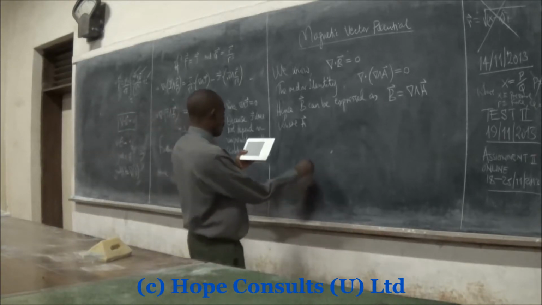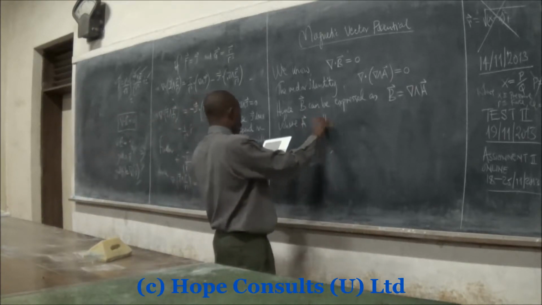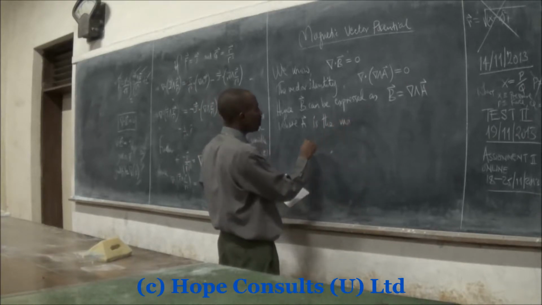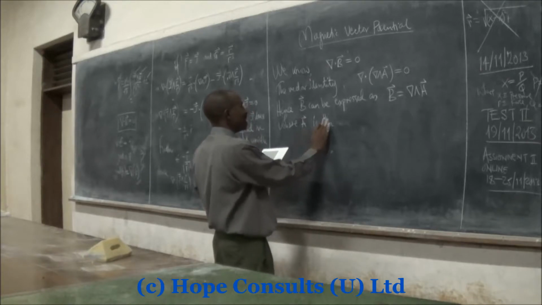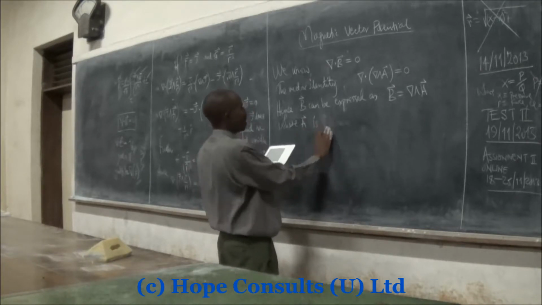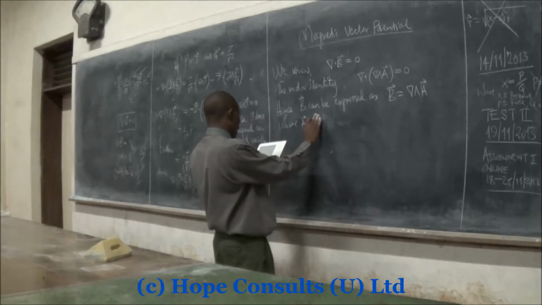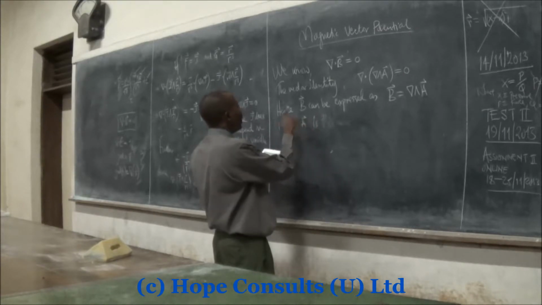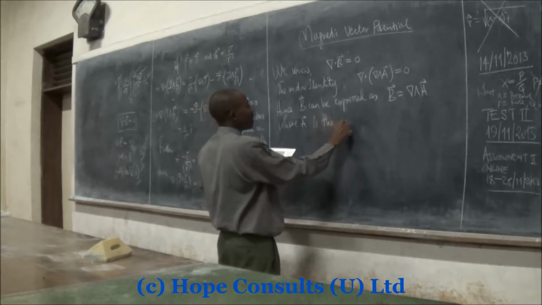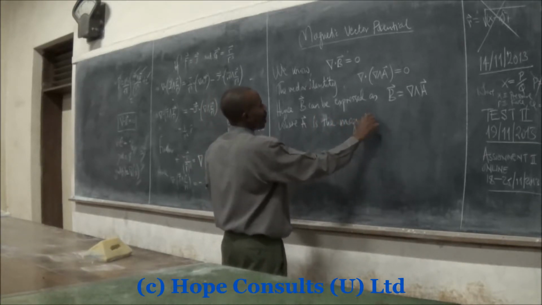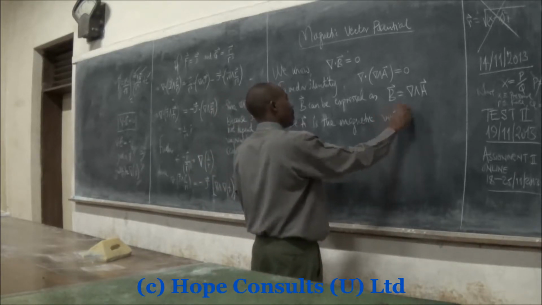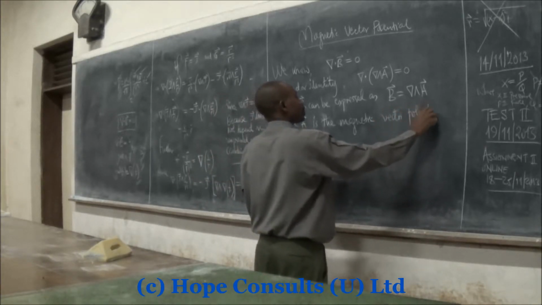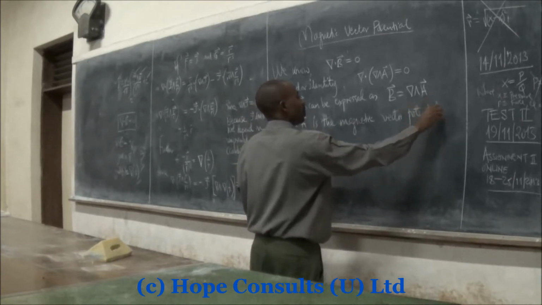So where A is the magnetic vector potential, which is where B can be expressed as that, where A is the magnetic vector potential.